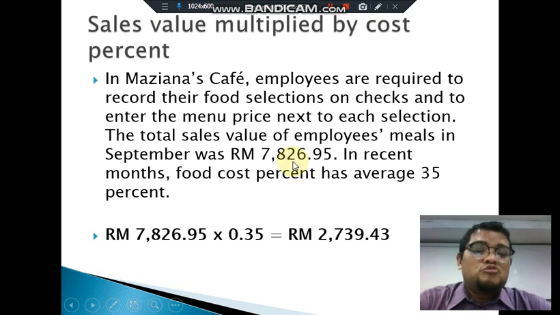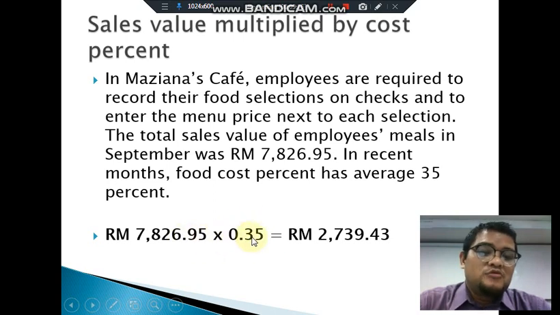And if you want to know the food cost, remember how to calculate food cost? This is actually sales value. Why is this sales value? They eat the same food that customers eat. So this is the sales you would have got in the restaurant, but it became food for your employees. So this sales value times the food cost percent of the month, which is 0.35.